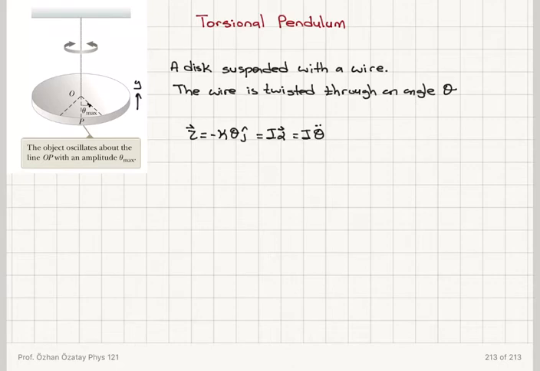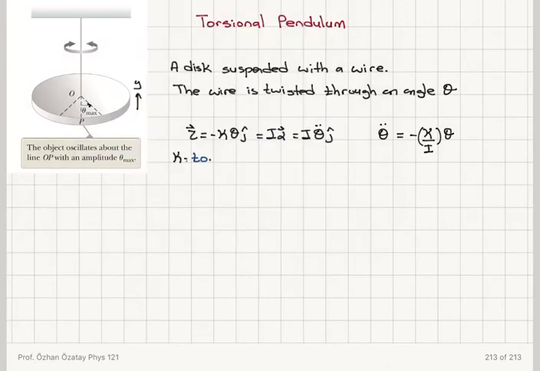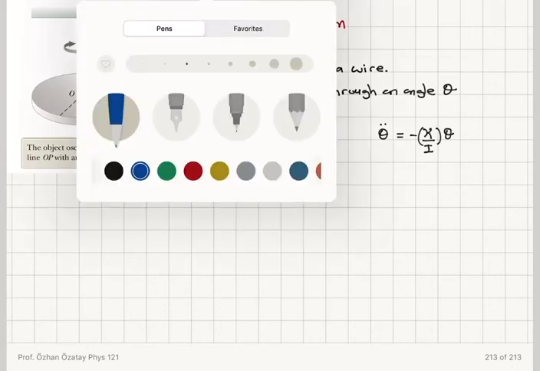So this will be equal to I alpha, which is I d squared theta dt squared, theta double dot, where alpha is defined to be positive in plus j hat direction. So I will find that theta double dot is equal to minus kappa divided by I times theta. That's my equation of motion.